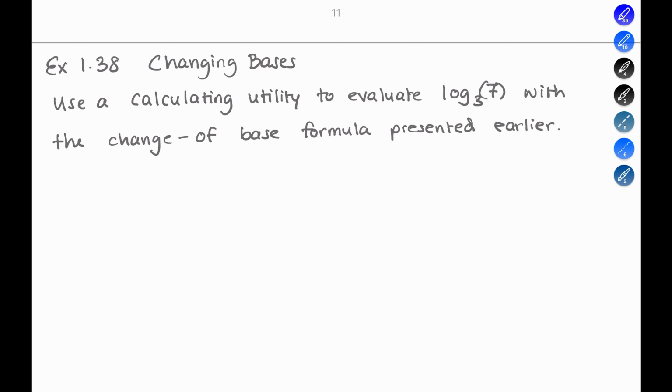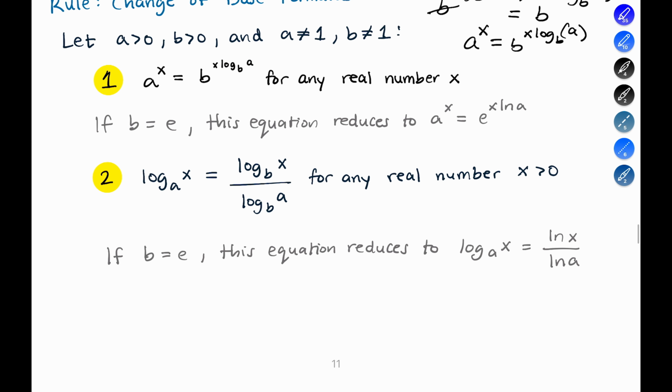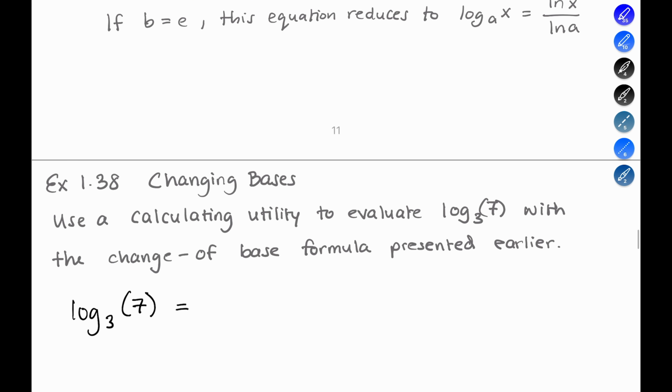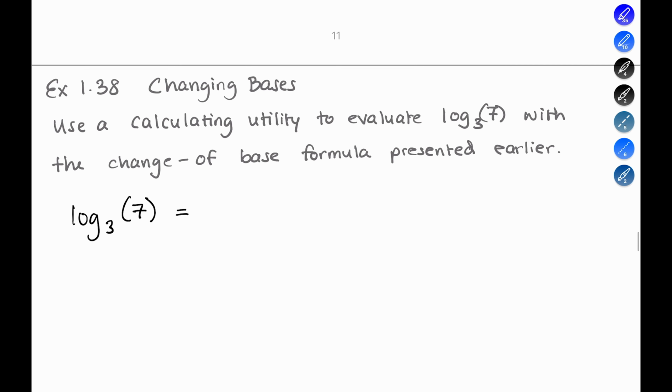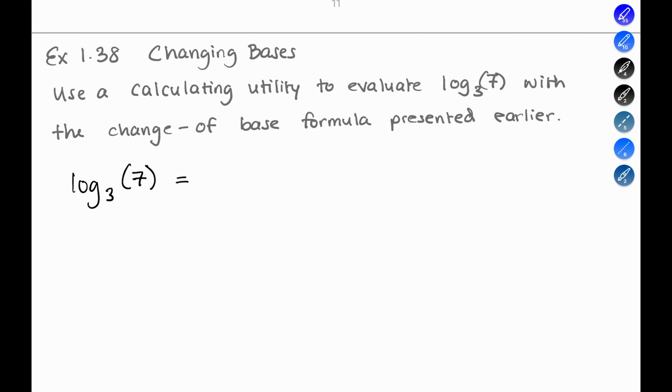So now let's take a look at this example problem. It says, use a calculating utility to evaluate log base 3 of 7 with the change of base formula presented earlier. So we have log base 3 of 7, and using the second rule, this one right over here, we can change the base and it will become like this.